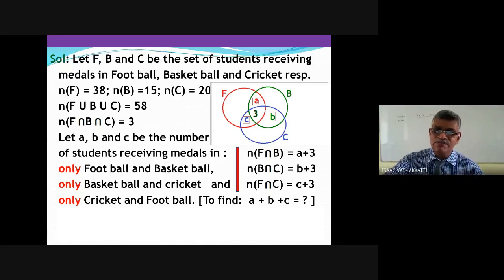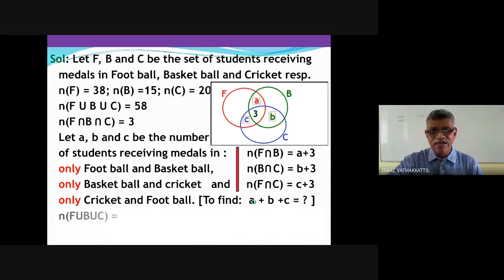Of course, I don't mind if you take number of F intersection B as A, then you have to define accordingly what to find. I have defined number of F intersection B as A plus 3, because I have taken A as the number of children receiving medals in football and basketball only. So you have to find the value of A plus B plus C.